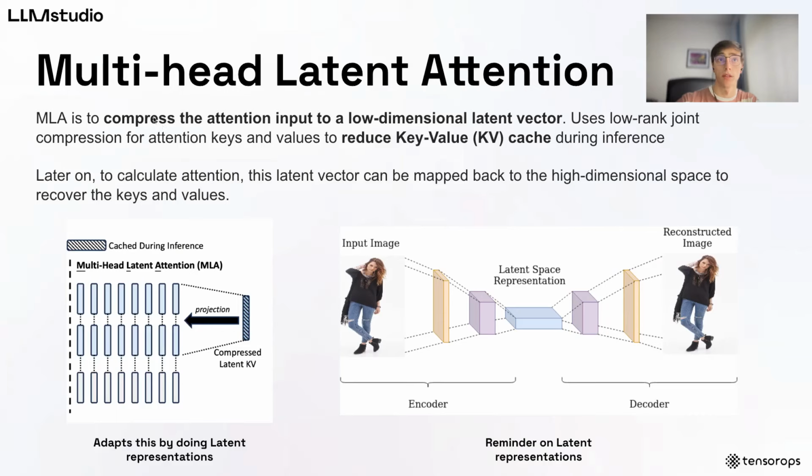So again, it tries to compress the attention input, key-value pairs, into low-dimensional vectors. It uses this low-rank joint compression, which doesn't matter, but it reduces the key-value cache. Later on, they have to calculate it back, right? So pick up this attention and, like with the quantization, decompress it.